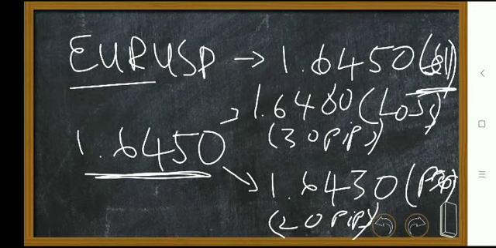If you sold this pair, then the price of this pair goes down, you made profit. If it goes up, you are making a loss. So this is it.